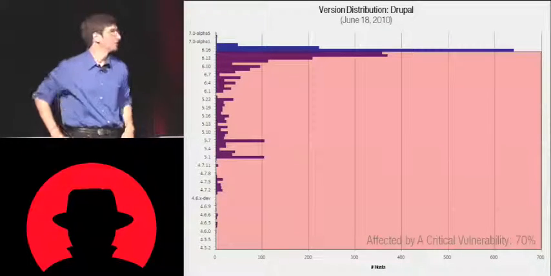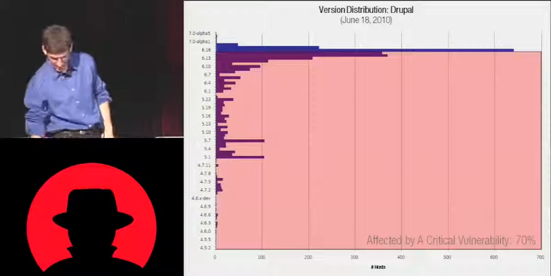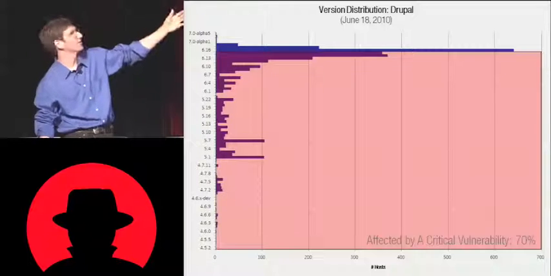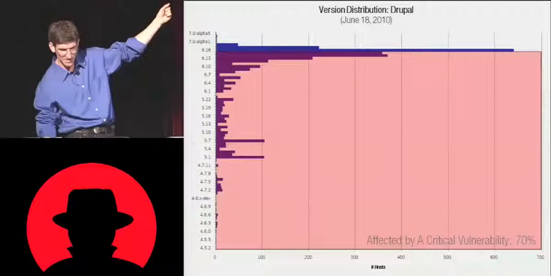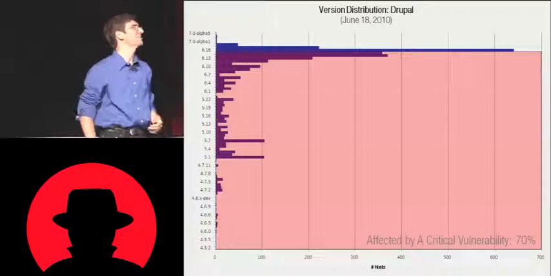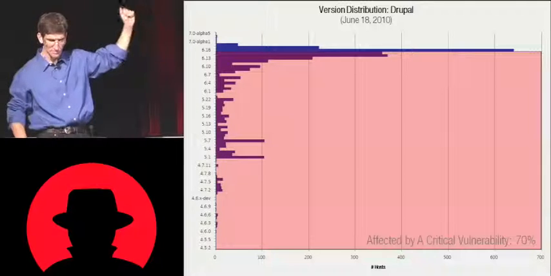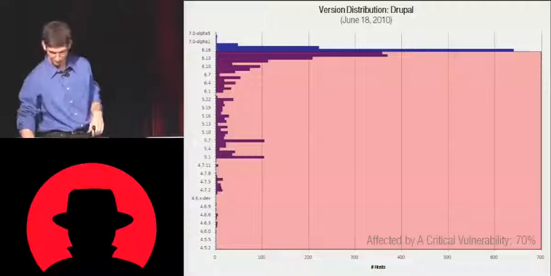You can see pretty much any of these people running the old versions are definitely going to be vulnerable. But these people who are kind of here in the middle of the pack in this bell curve, it comes up and bisects right through that bell curve. So if you sort of thought you were running with the pack, you're probably behind.